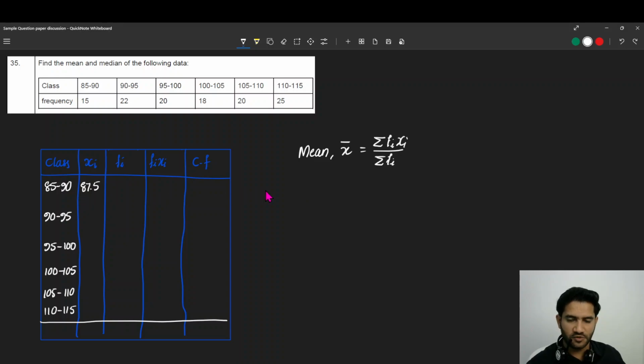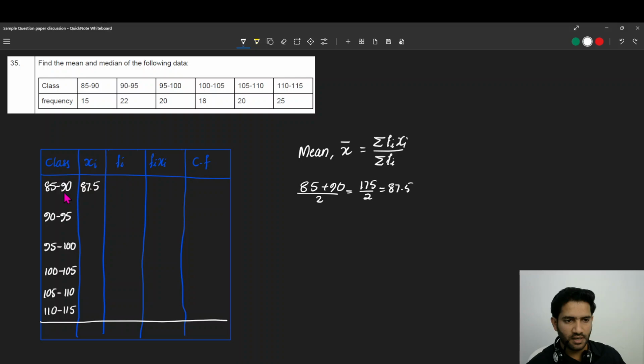First, the first midpoint we can find by adding these two numbers and dividing by 2. That means 175 divided by 2, we will get 87.5. Or simply you can calculate the mid value of 85 and 90, so 87.5.